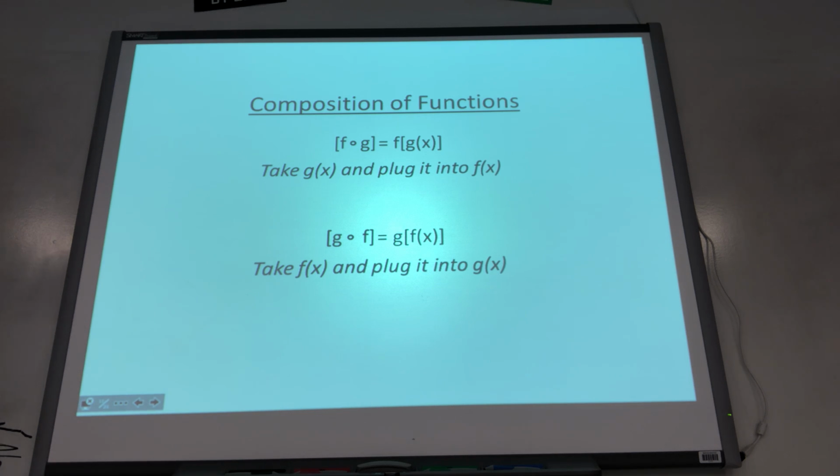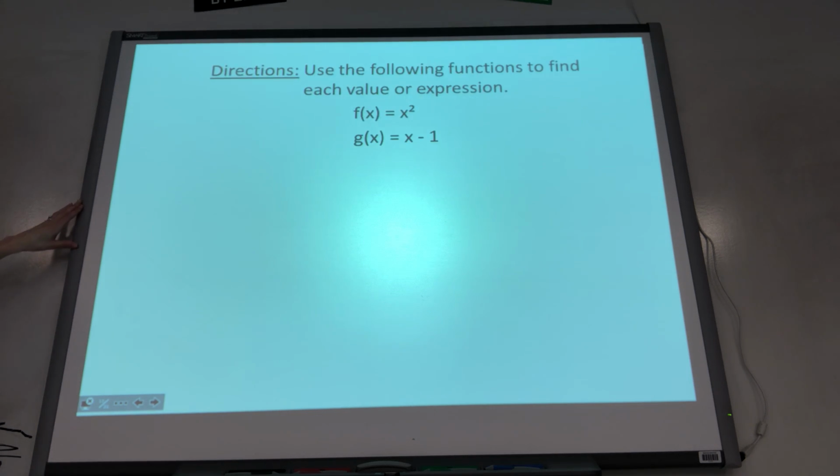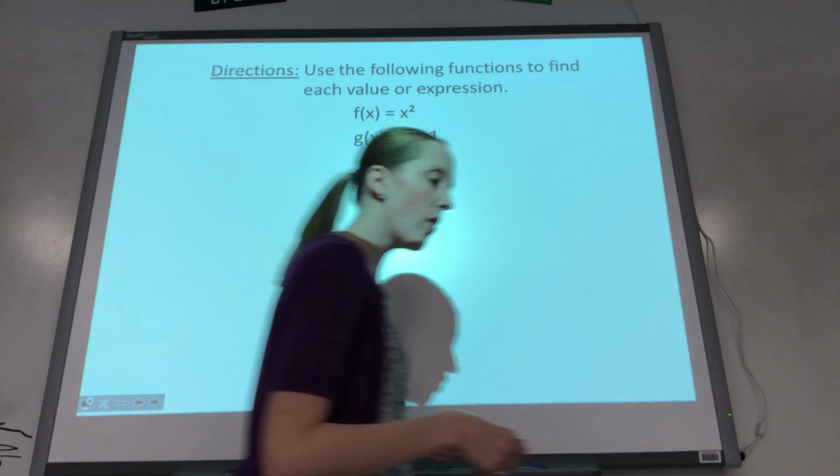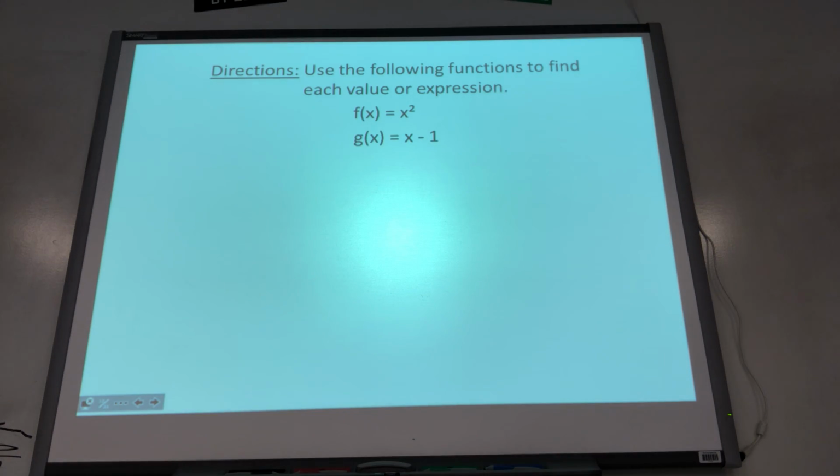Okie doke. I'll go ahead here. If you didn't get all of that, it is in your notes. So f of x and g of x are up there. And the directions, I mean, if you want to leave off that first part, you probably could. It says use the following functions to find each value or expression.